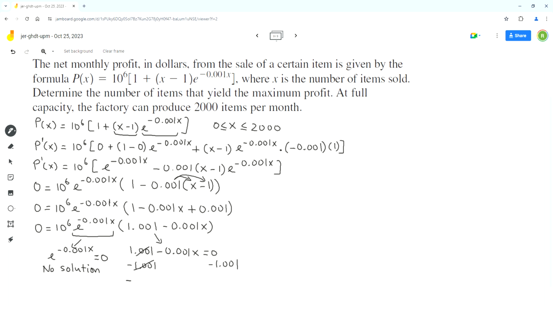So we get negative 0.001x equals negative 1.001. And now we can divide both sides by negative 0.001. So now negative 0.001 on the left side gets cancelled out. So we get x equals 1001.